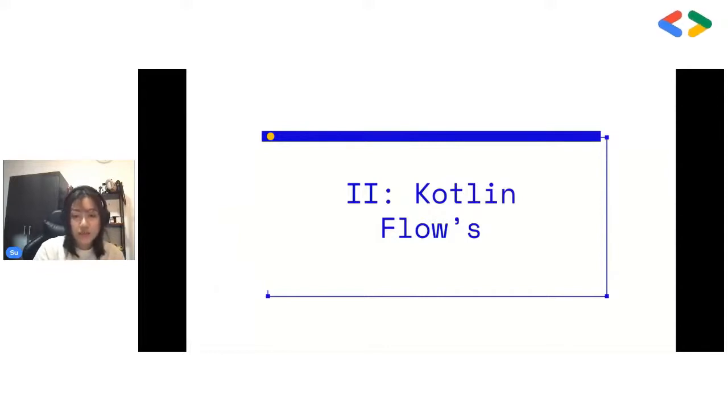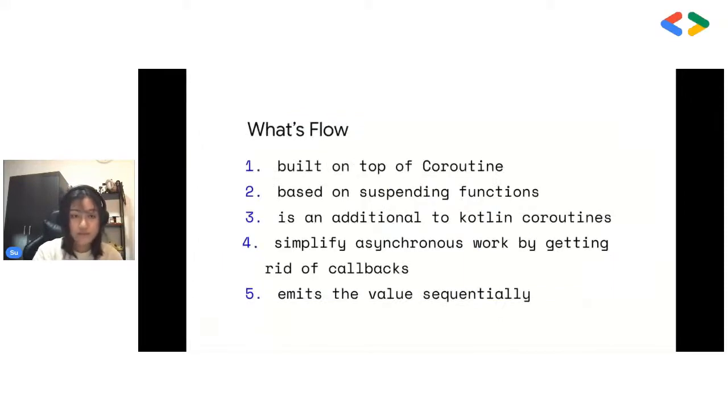Kotlin Flow is a new stream processing API developed by JetBrains. It's an implementation of the Reactive Streams specification. The initial goal is to provide a standard for asynchronous stream processing. So what exactly is Flow?